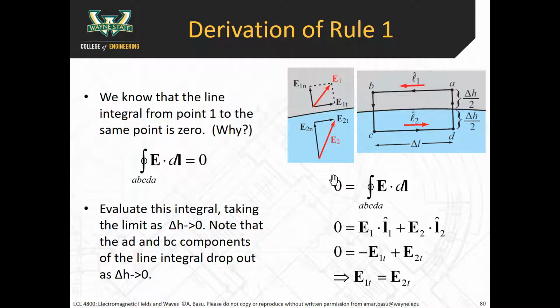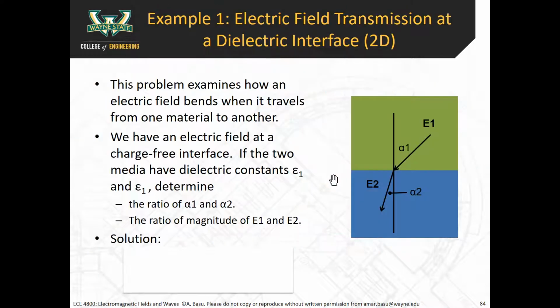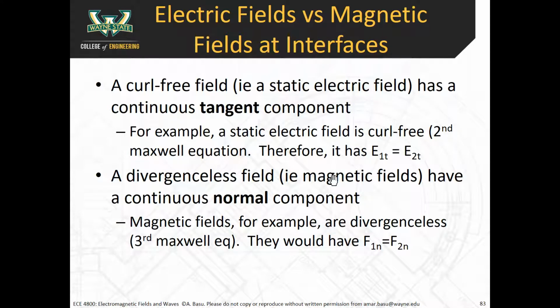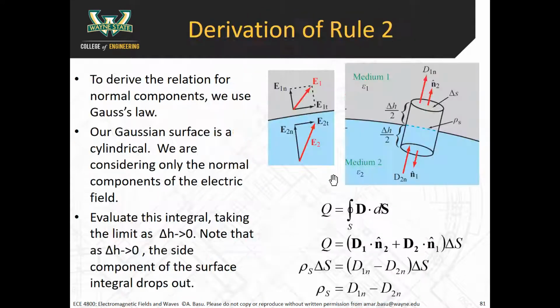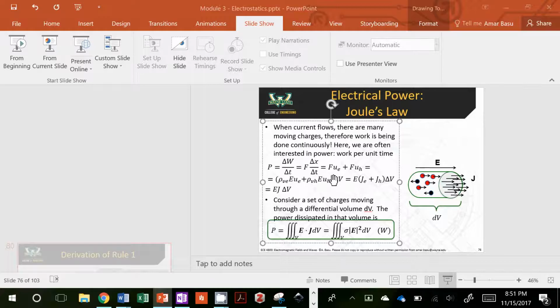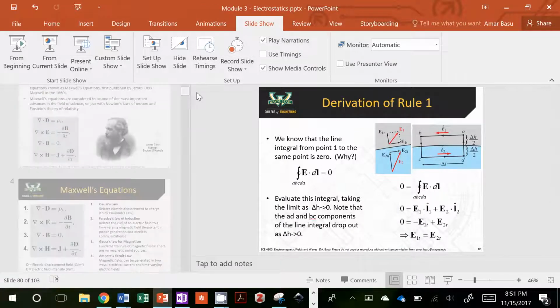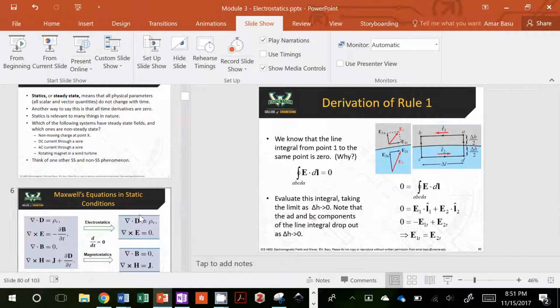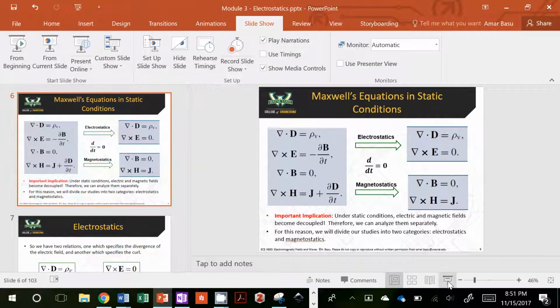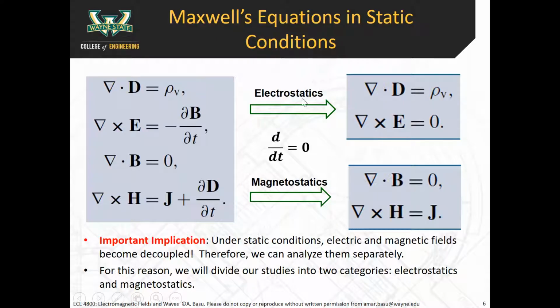So the first thing we have to convince ourselves of is this part, that del cross E is always equal to 0. I think the best way to convince ourselves of that is to go back to the second Maxwell equation and remind ourselves that in electrostatics, del cross E is always equal to 0. The original Maxwell equation is del cross E equal to negative dB dt.